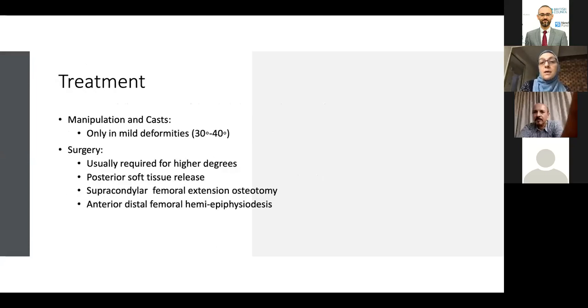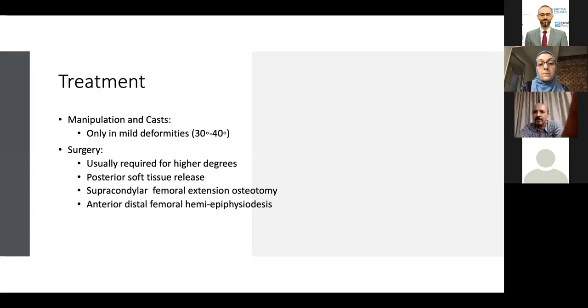Mild cases like 30 degrees, 40 degrees do not need surgery. You can further extend by serial casts or even cast wedging, which needs to be done with caution because wedging is a serious thing to do in a cast. Surgery is needed for higher degrees of flexion.